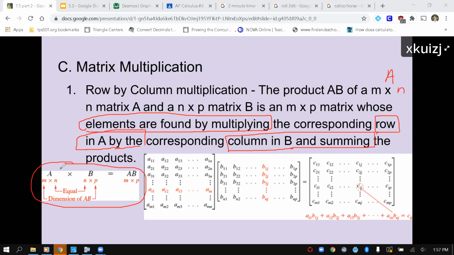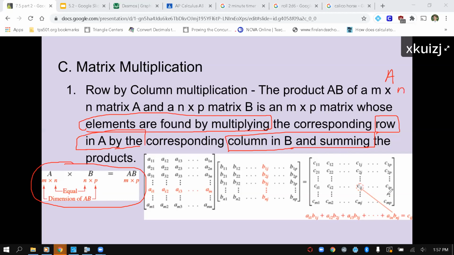If I want to take A times B to get AB, if A is an M by N, then B must be an N by P. The really important part is the number of columns in A has to be the same as the rows in B. These two numbers have to equal. And if they do equal, then the result will be an M by P matrix.